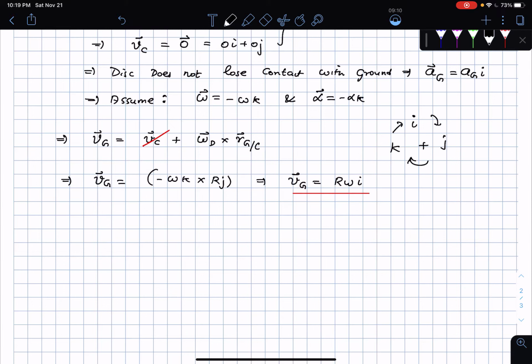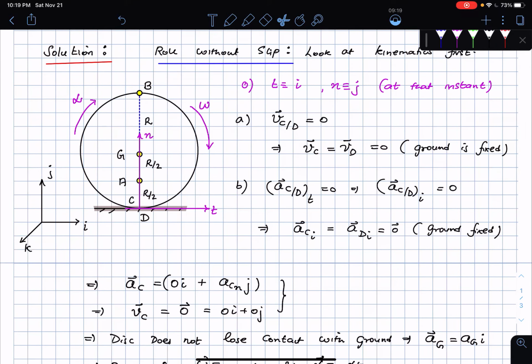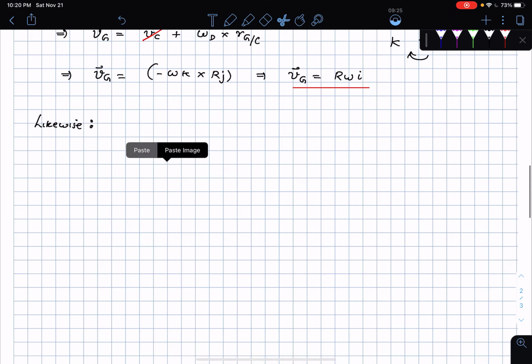Likewise, since I'm doing velocity analysis, let me look at the velocity of the other 2 points of interest for me as well. So I'm going to copy that and bring that down here.